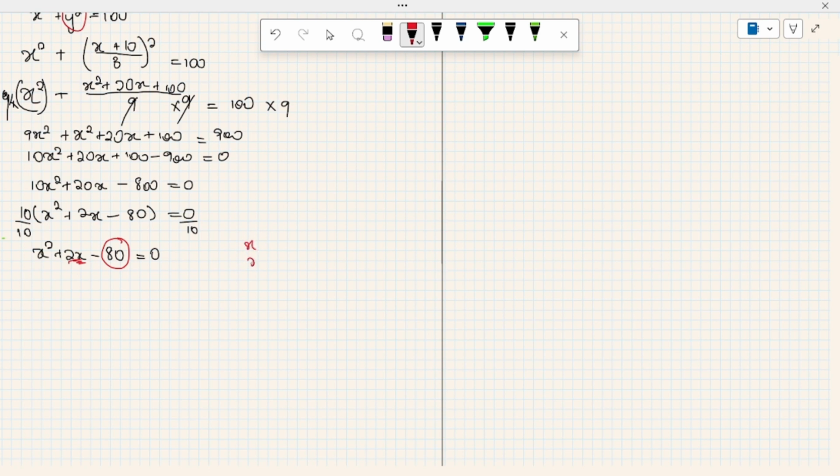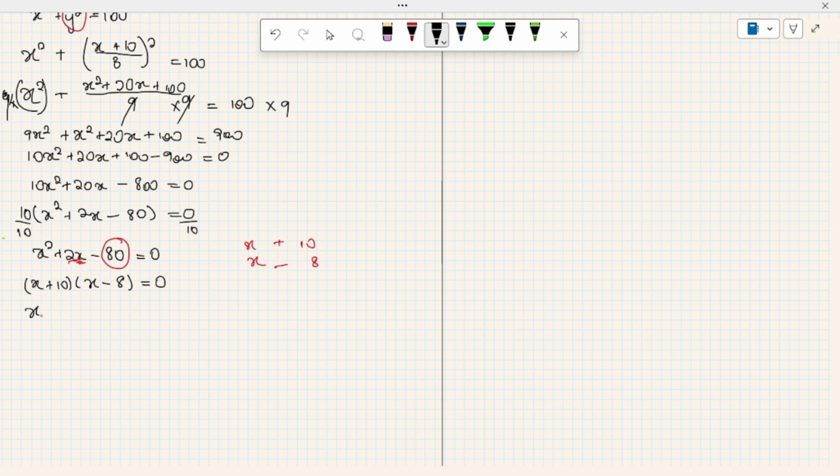So it's going to be 10 and 8, one plus and one minus. So it's x plus 10, x minus 8 equals 0.